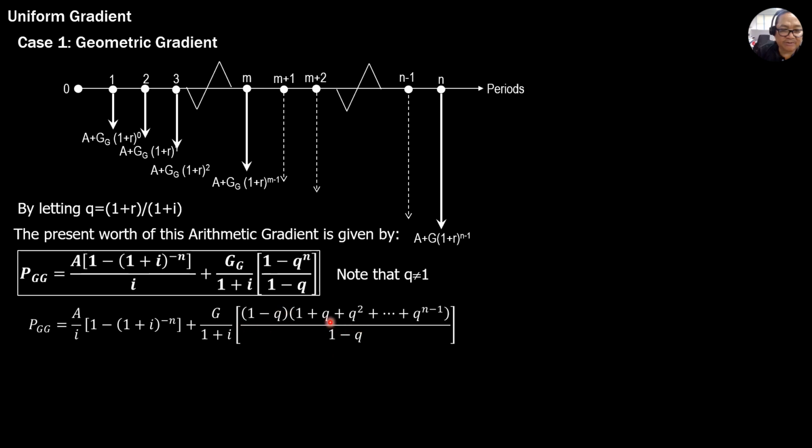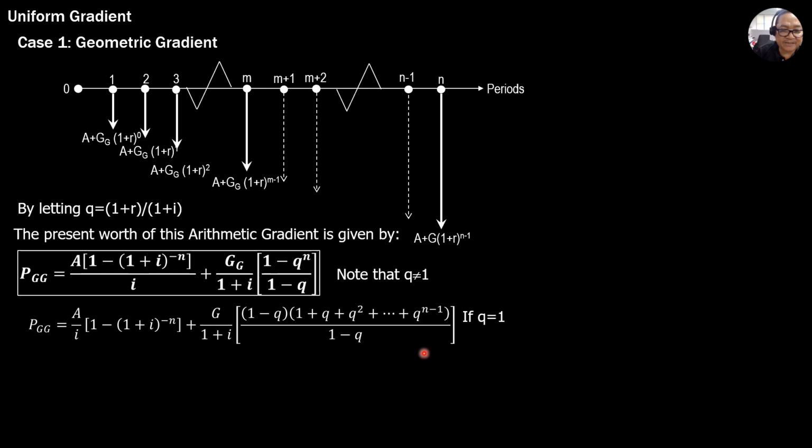Then when Q is equal to 1, this is 1 plus 1 plus 1 squared plus dot dot dot plus 1 to the n minus 1. This is still 1, and there will be n times 1. So we replace this by n.